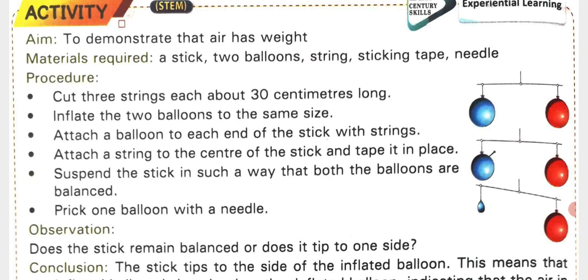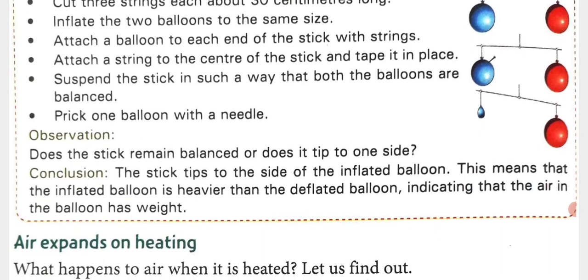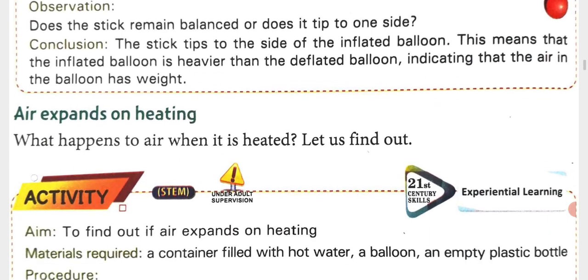That means the air has gone out of the first balloon. As air has weight, the second balloon goes down, and this proves that air has weight. So the stick tips to the side of the inflated balloon. This means that the inflated balloon is heavier than the deflated balloon. Inflated means air is inside. Deflated means air is outside. Indicating that air has weight.